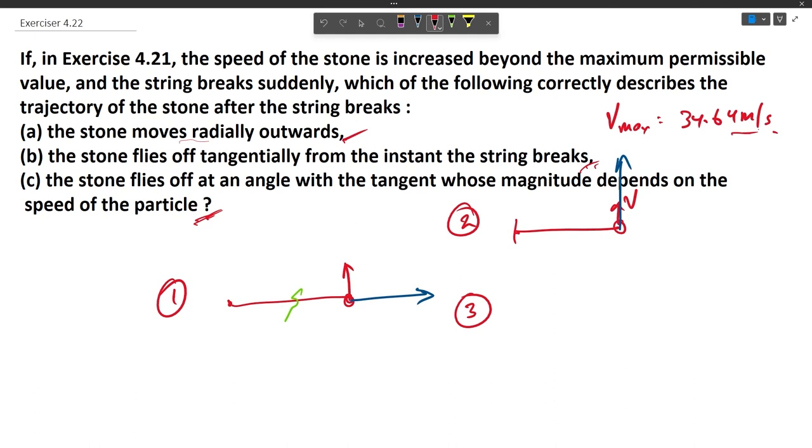So the third option says that with the tangent, let us assume that this is the velocity, and since it is a circular path like this, this is the tangent also, and the stone is flying at an angle to the tangent, let us assume that angle is theta.